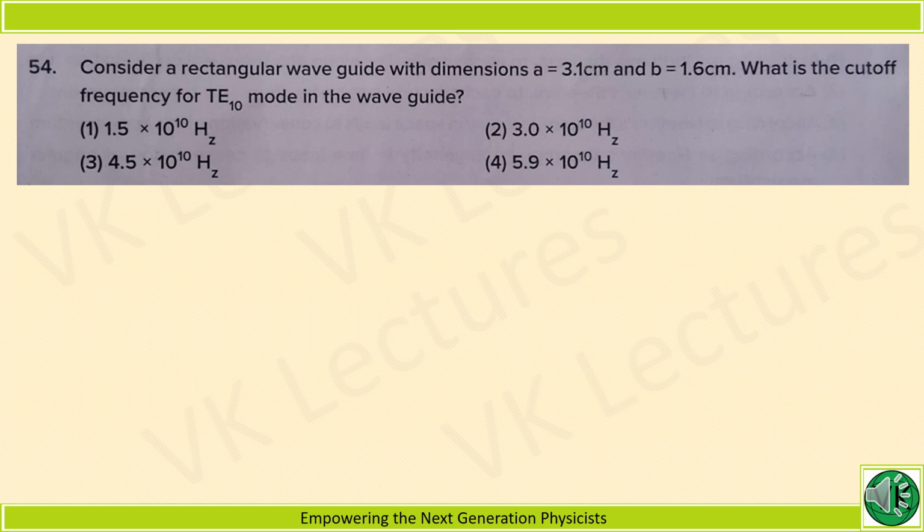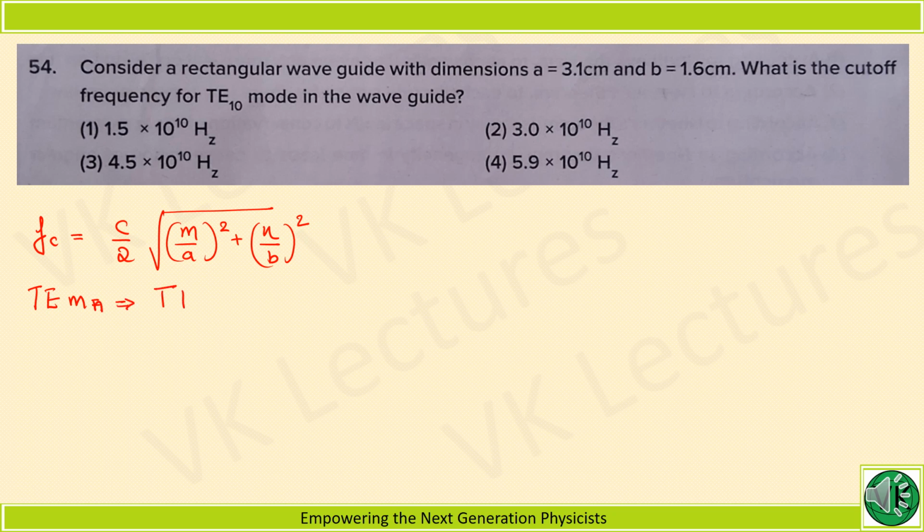So, for the cutoff frequency we have the formula Fc is equal to c by 2 root of (m by a) squared plus (n by b) squared. Since it is TEmn, and the question gives TE10, m equal to 1, n equal to 0.